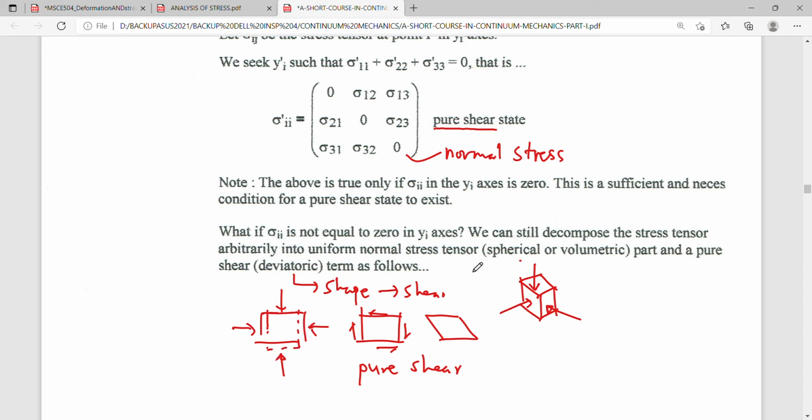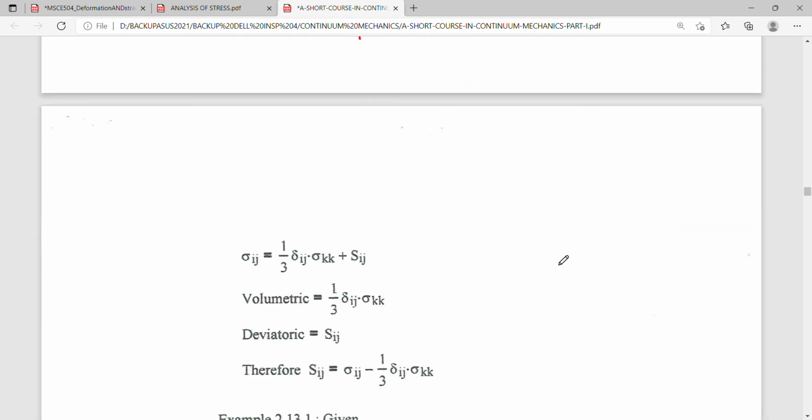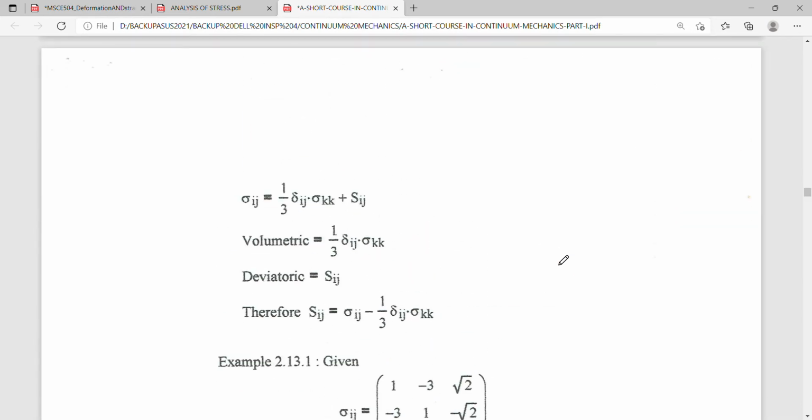So I'd like you to understand very well what these terms are all about, because these are used very often in many cases. The contexts are just the same, but of course sometimes the formula and the quantity involved is a little bit different. So in terms of the formula, this is now the formula for your decomposition.